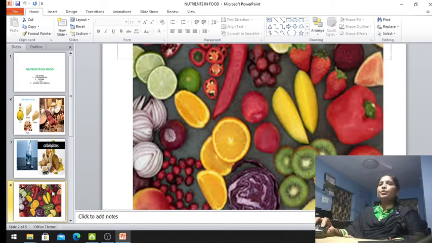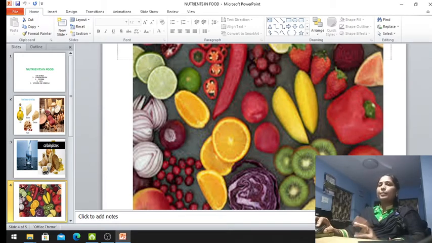And the fourth nutrient is vitamins and minerals. They are needed in very small quantities by our body, but they are very essential. If they are less in our food, it leads to many diseases.